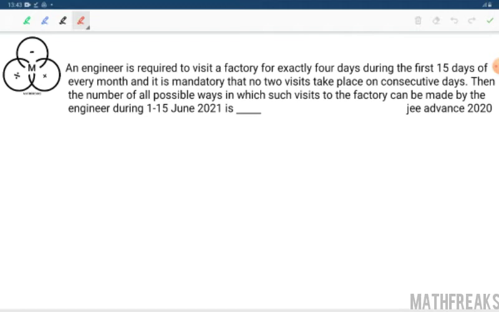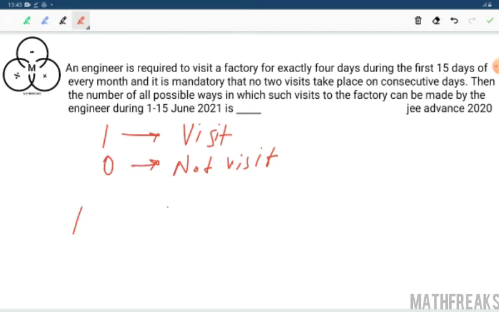Okay. Binary sequencing is that: let the visit be denoted by 1. 1 means he will visit, and 0 means he will not visit. So how many visits are we having? 1, 2, 3, 4. So how many 0s will we have? We will have 11 zeros, right?